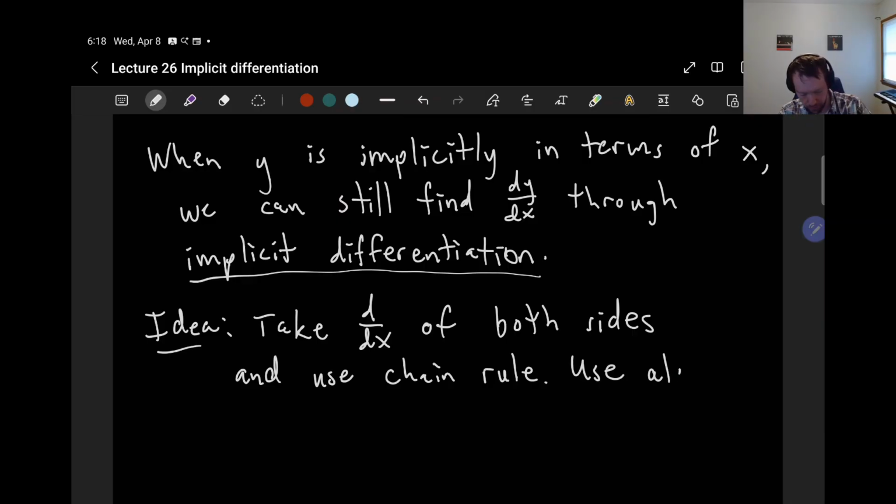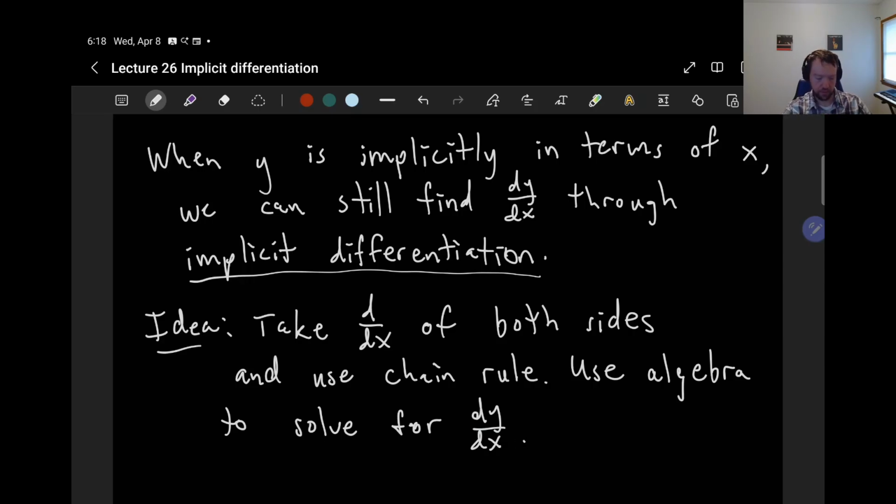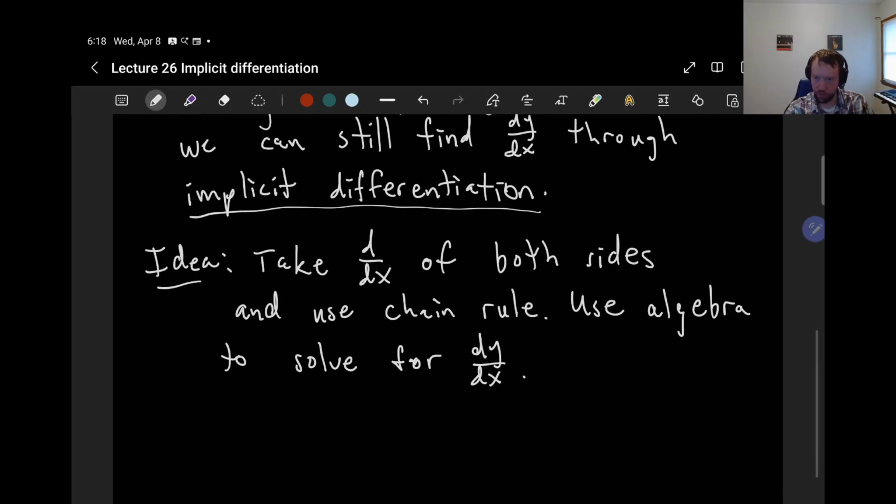And then we will use algebra to solve for dy dx. Dy dx is going to come up in this chain rule part, as we'll see. So that'll show up. And then once we have that, we'll do algebra to solve for it.